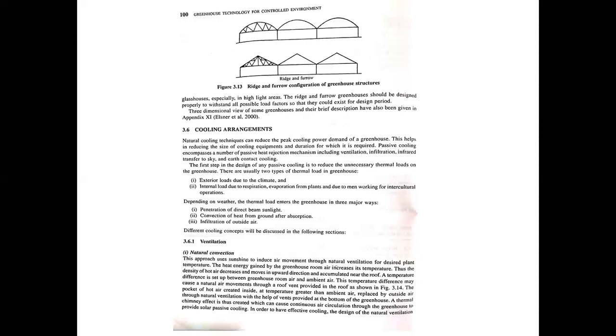In order to have effective cooling, the design of the natural ventilation should be such that the number of air changes per hour can be maintained between 25 to 50, as against one air change in case of infiltration.